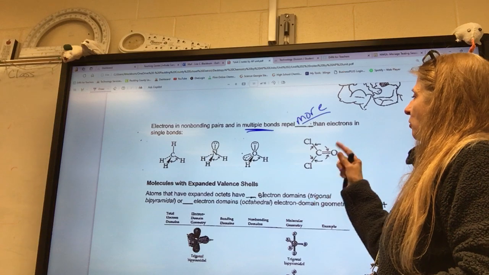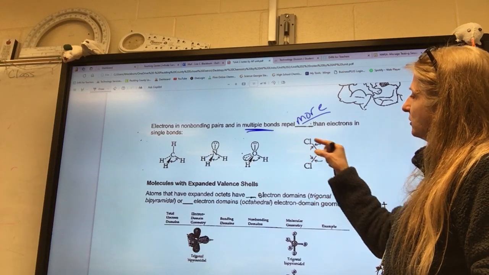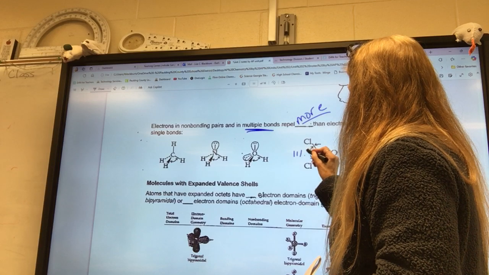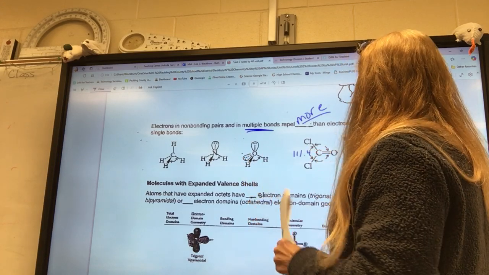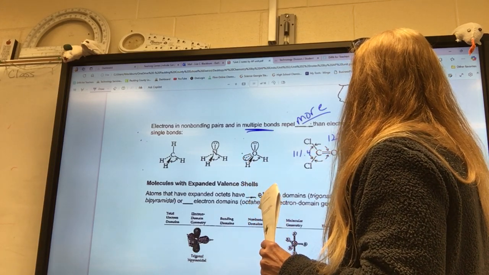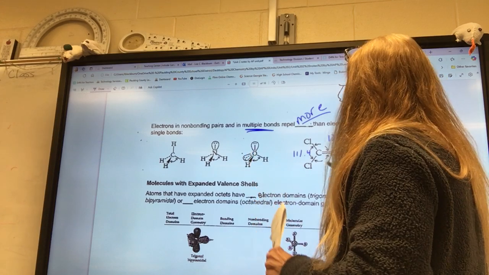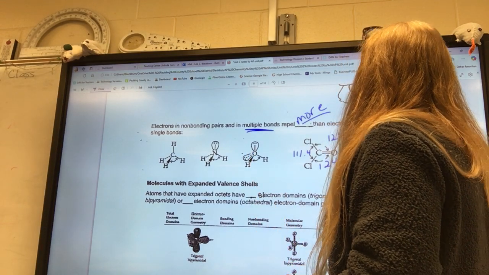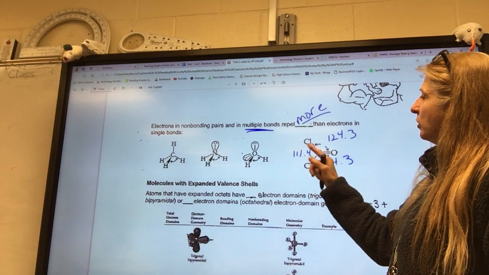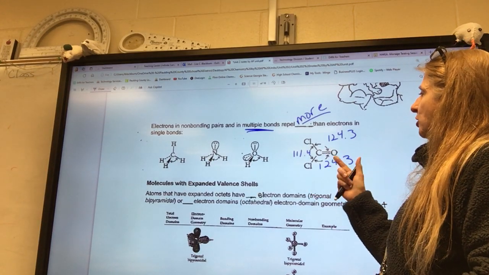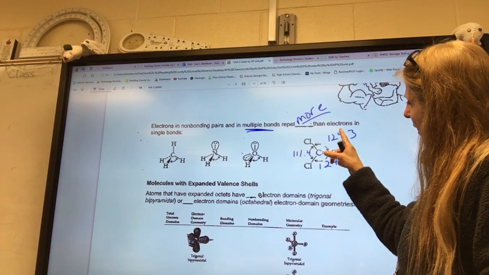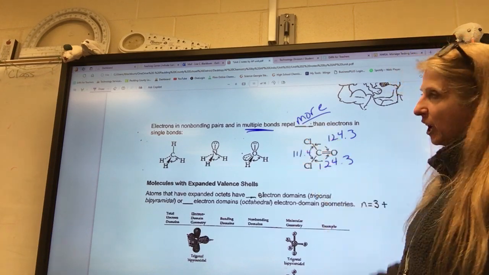Single bonded to the chlorine, it's going to squish the chlorines closer together. So this angle is 111.4, but these are 124.3. Now, it won't ask you these numbers, but it's going to ask you which bond angle is going to be greater, which one is going to be less. This is less because it's squishing away. These are greater because it's squishing that way.